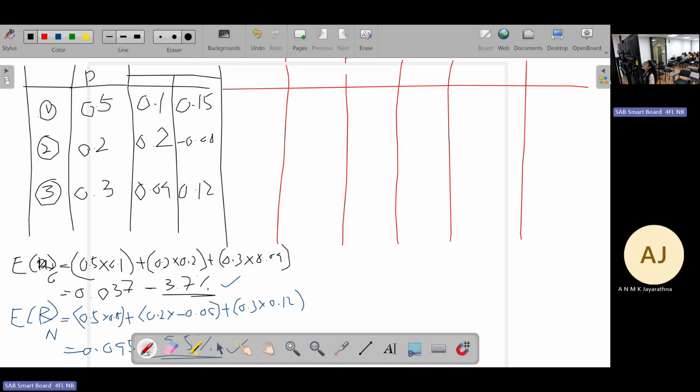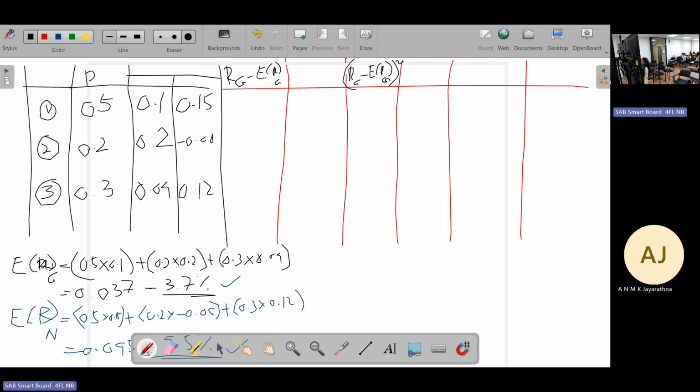First one, return of G minus expected return of G. Then the other one, return of G minus expected return of G squared.